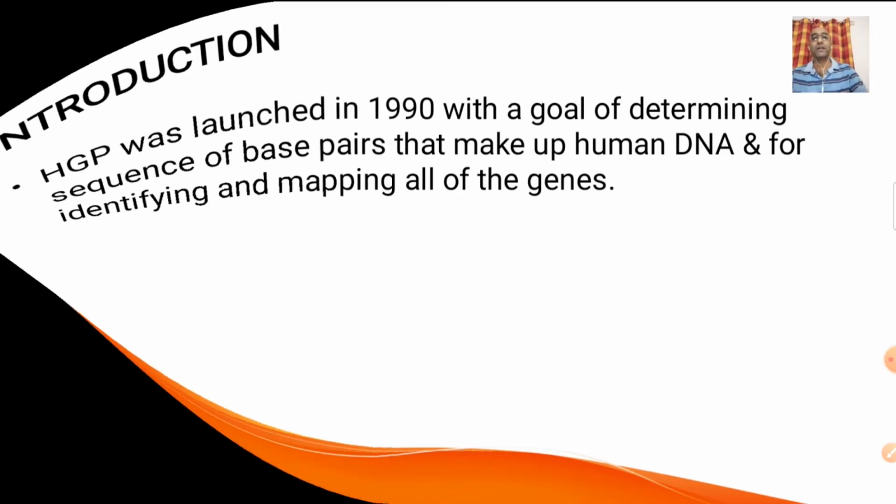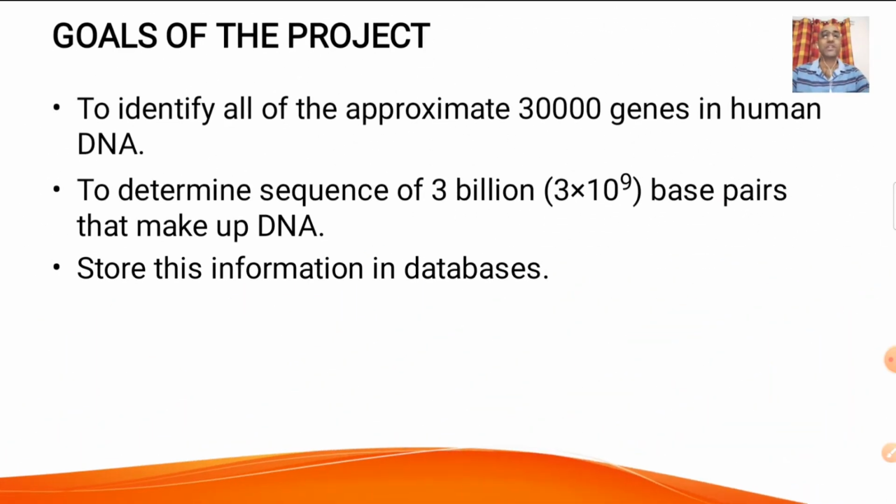Now let us know the goals of the Human Genome Project. The goals are to identify all the genes present in human DNA. Around 3 lakh genes were believed to be found in human DNA, and the main goal was to identify those genes.